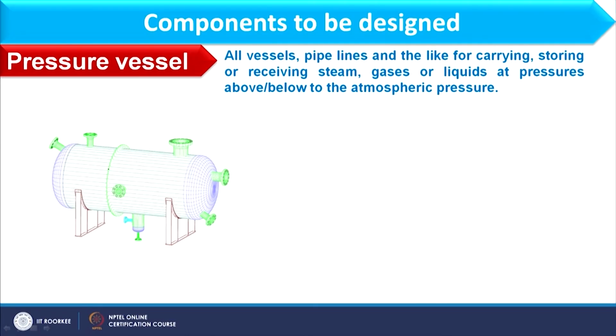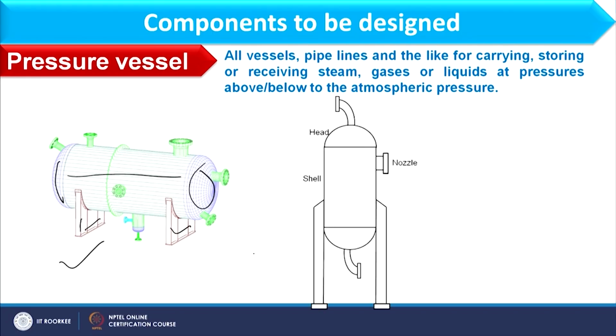Now, we will discuss what components are to be designed in a pressure vessel. Here you see the pressure vessel, where this is the shell, these are the covers, and these two are the supports. This particular vessel is horizontally placed. If I consider the vertical placement of the equipment, we have different sections.